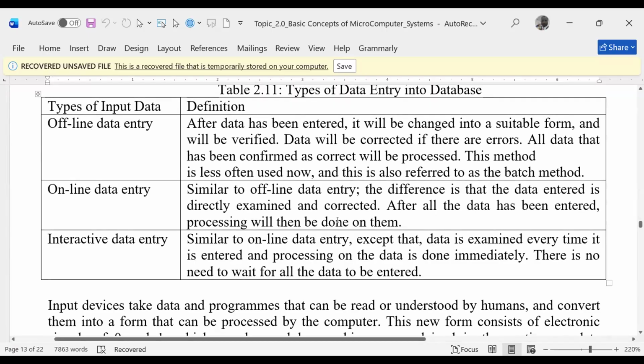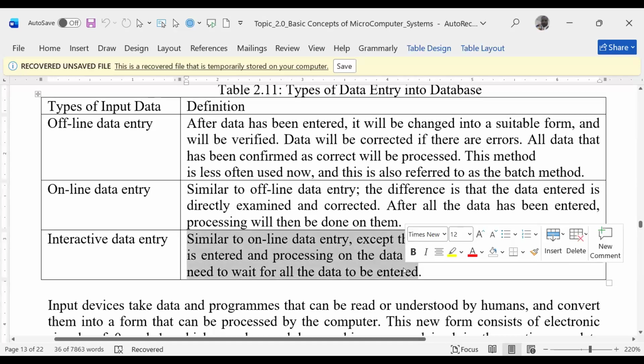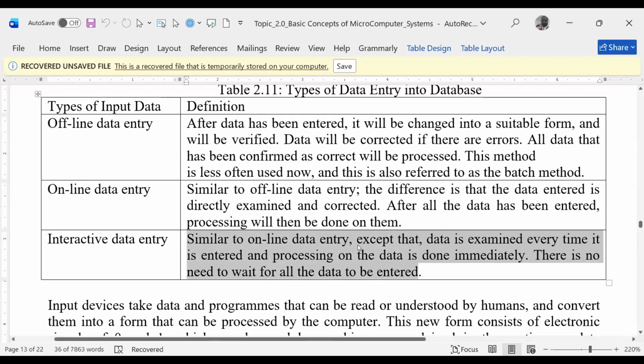Let's start from the interactive here. Interactive here means the 2 parties must be there simultaneously before interaction can take place. So you send something, the person responds, you send something, the person responds. And that is called interactive, like how WhatsApp works.